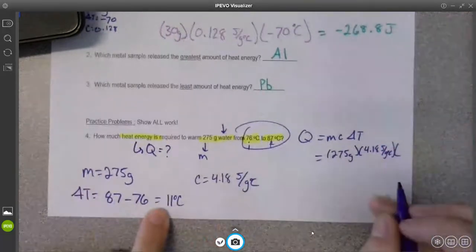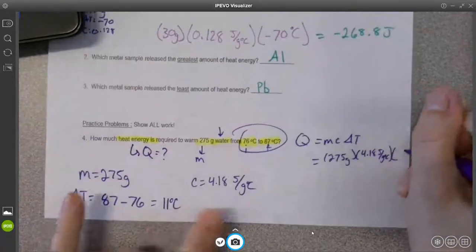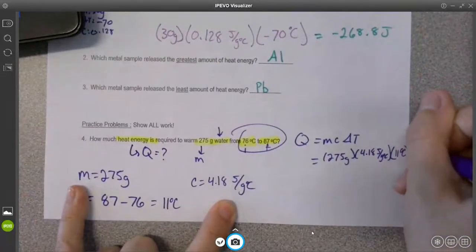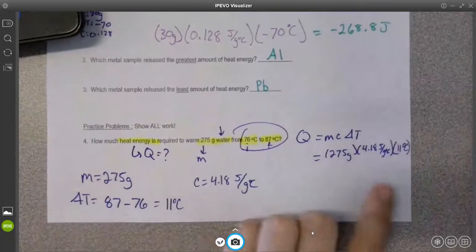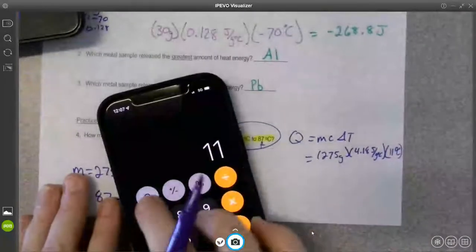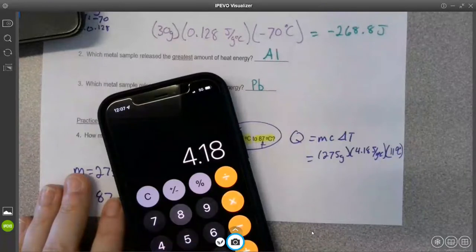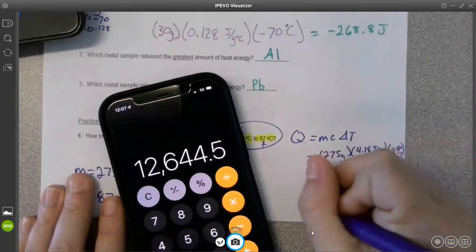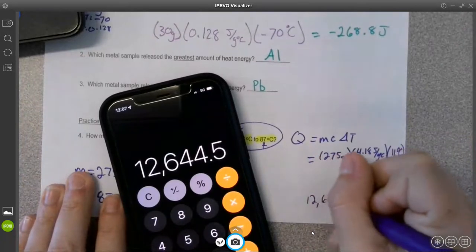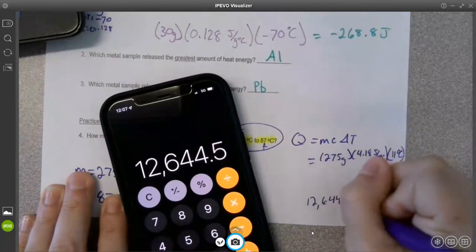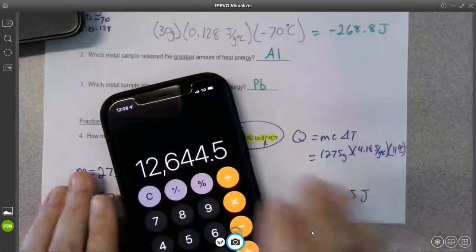And our change in temperature is 11 degrees Celsius. And so you would simply just multiply it out. 275 times 4.18 times 11. That should get us 12,644.5 joules.